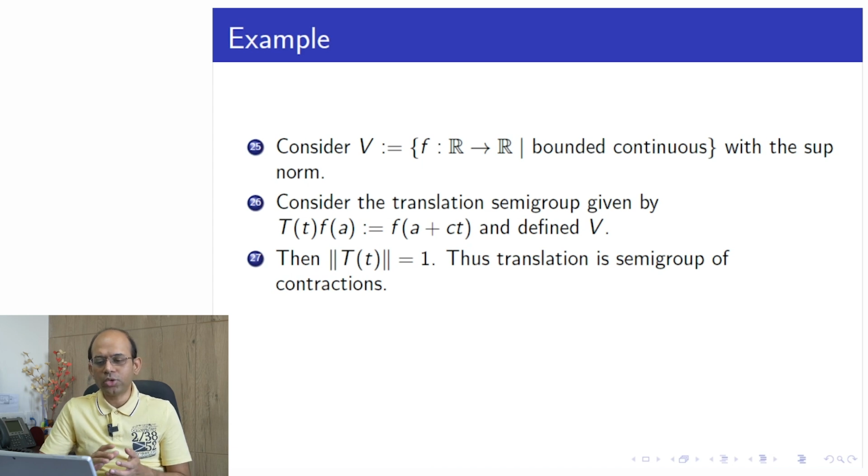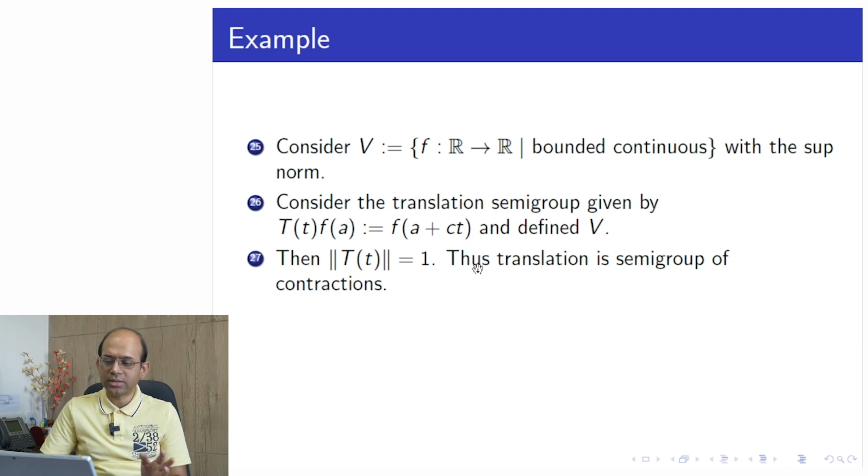So the norm of T(t) f is the same as the norm of f. So the operator norm would be just 1, because I am choosing f on the unit sphere of the Banach space, so I get 1 here.